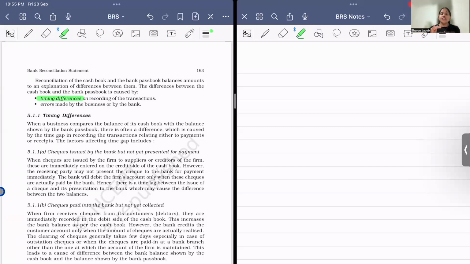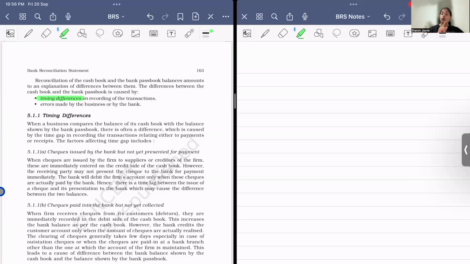Now, checks issued by the business but not yet presented for payment. What essentially happens then? You as a business are issuing checks. Immediately in your cash book, you are going to make that as a payment, right? Checks are issued, meaning money has gone out. But in your bank account, has the money gone out?